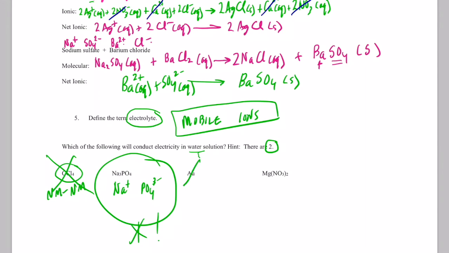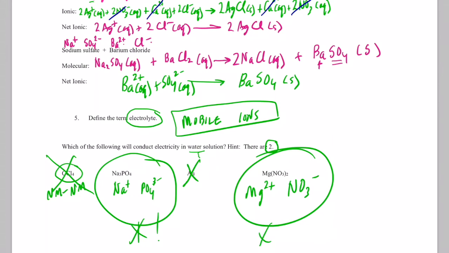So gold would not be an electrolyte. And finally, magnesium nitrate. Well, that must be the other, because I did say that there were 2 that worked there, didn't I? So magnesium nitrate forms magnesium ions and nitrate ions. So this is definitely an electrolyte. It would definitely conduct electricity when dissolved in water or when it was melted.